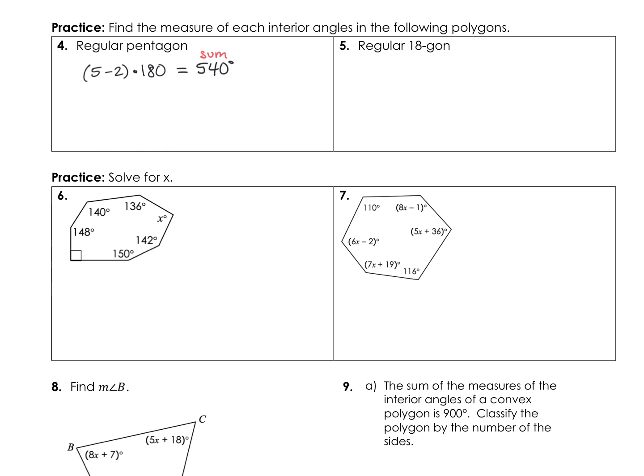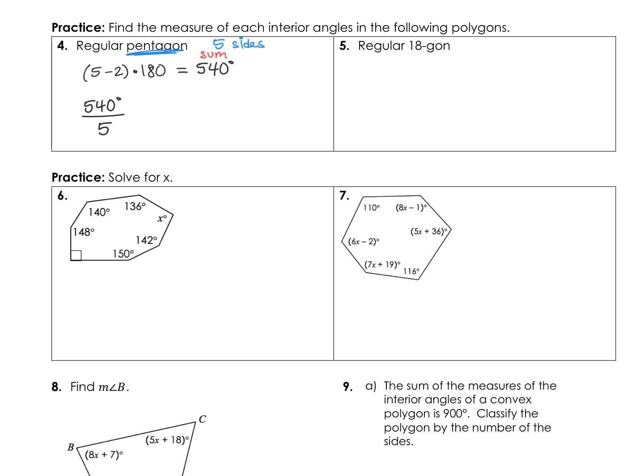If it's a regular pentagon, it has 5 sides and it has how many angles? 5. So I take my sum and divide it by the number of sides, which is 5. These are notes, so make sure they're actually helpful. A pentagon has 5 sides.